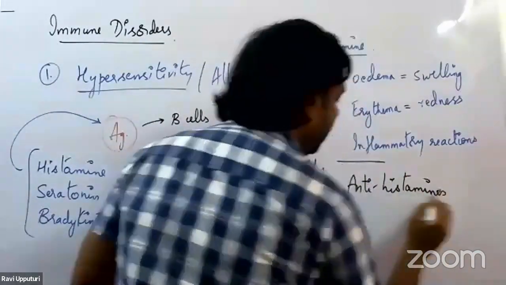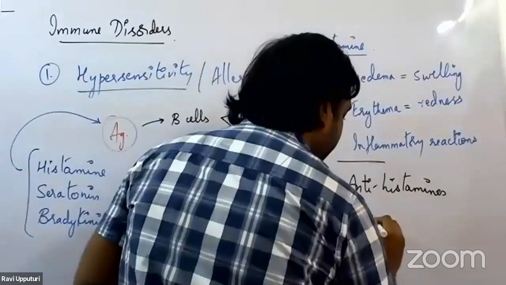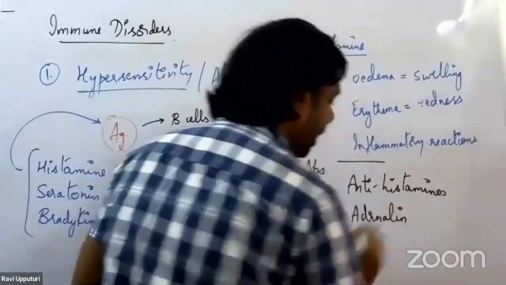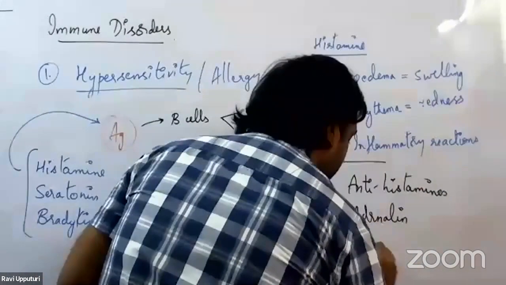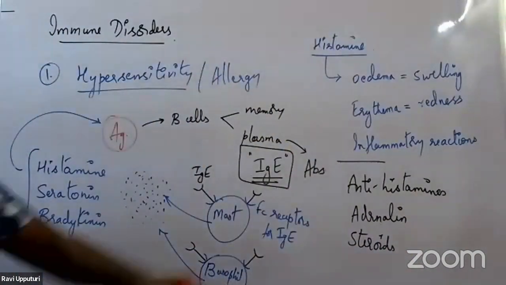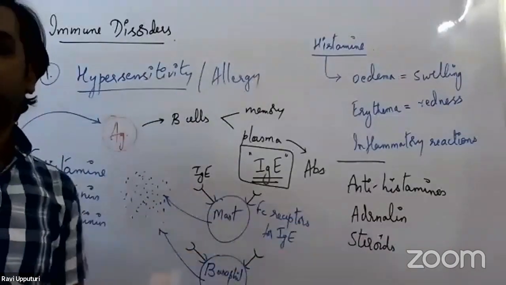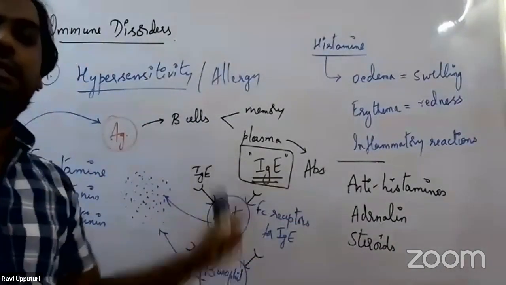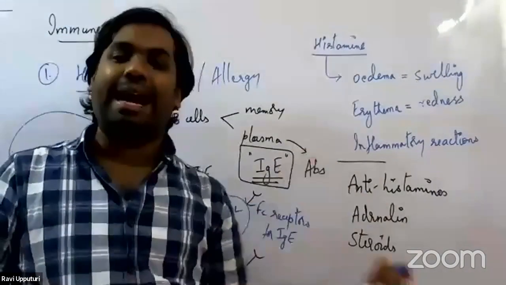Along with that, they also administer adrenaline, which we are all familiar with, and also some steroids. Administration of antihistamines, adrenaline, as well as steroids will quickly start reducing the allergic reactions in the body.